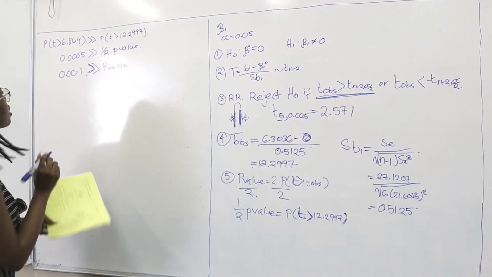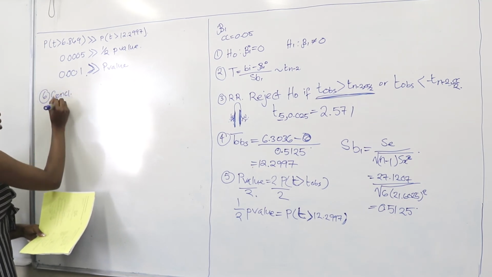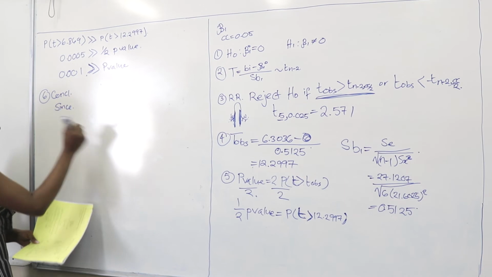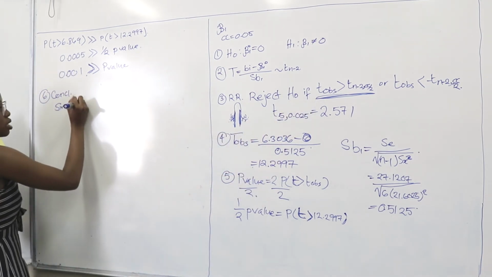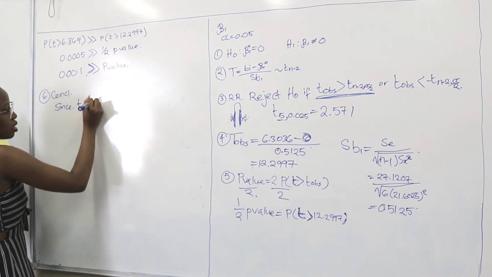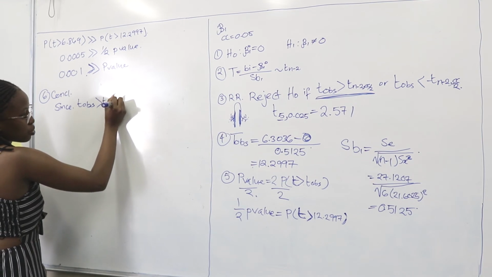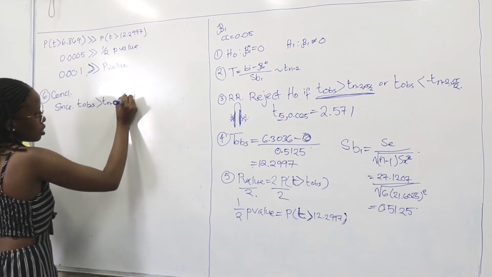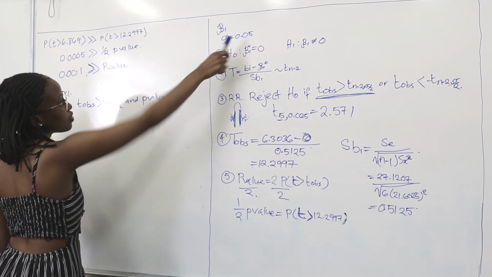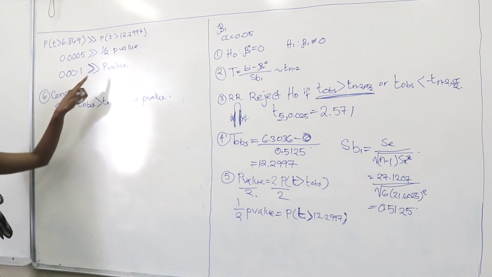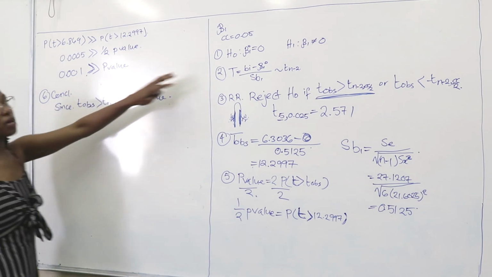And then in our conclusion, we're going to say that since we use the positive rejection region, T observed is greater than t n minus 2 comma alpha over 2, and our alpha was 0.05, so if our p-value is less than 0.001, that means it's much less than that.